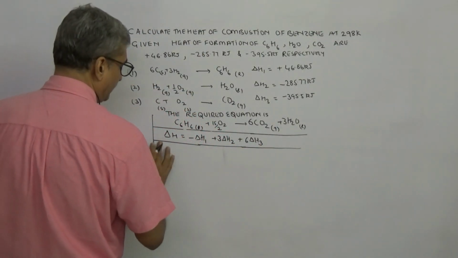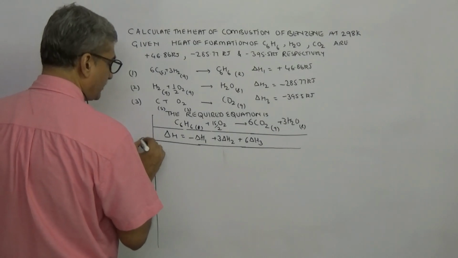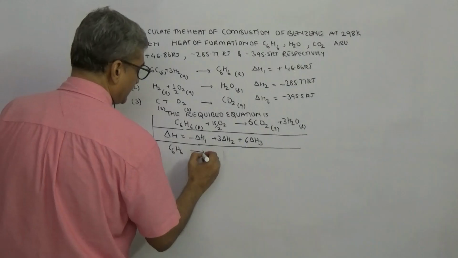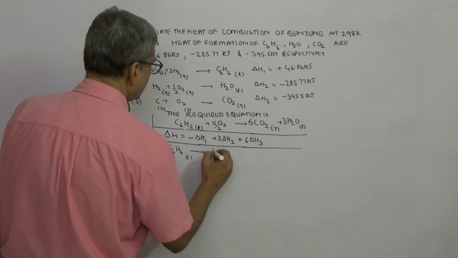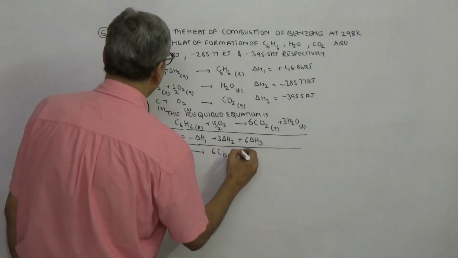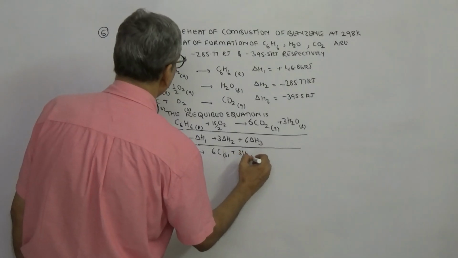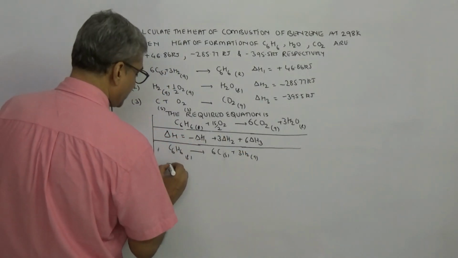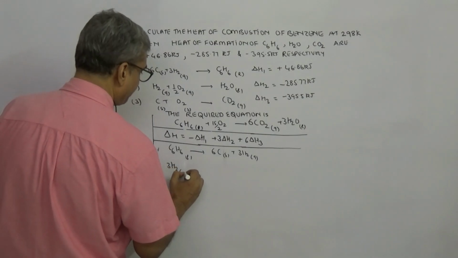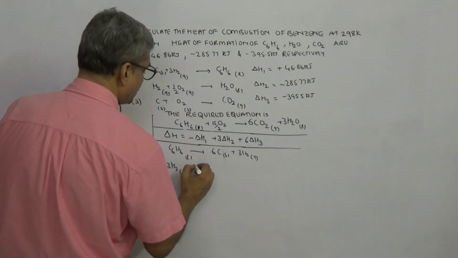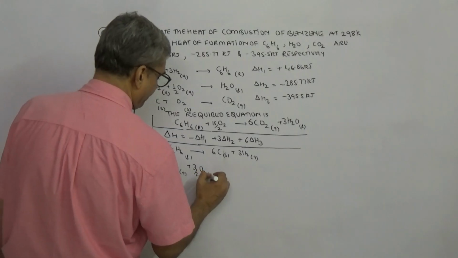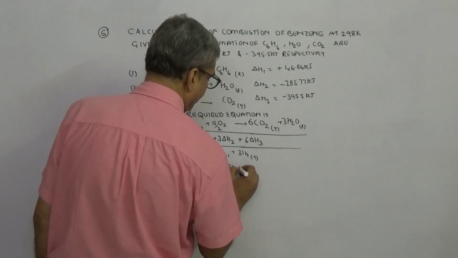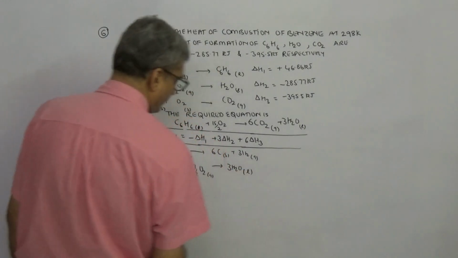So delta H, now this will be equation number 4, minus delta H1. So we get C6H6 liquid forms 6C solid plus 3H2 gas. Then the fifth equation, this is 3H2 plus 3 by 2 O2 forms 3H2O liquid.